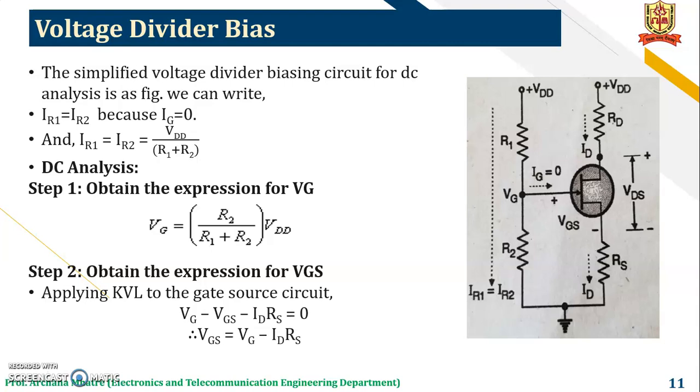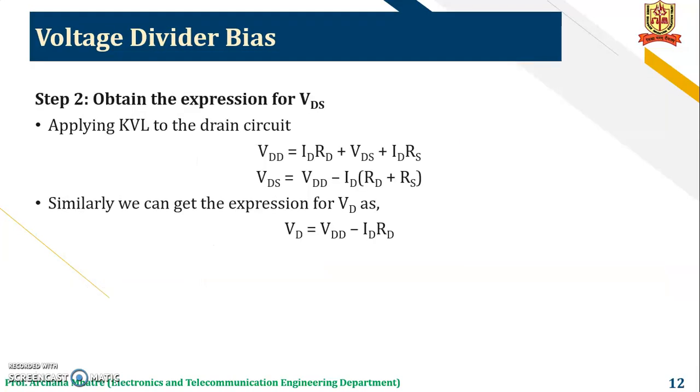VG is equal to R2 divided by R1 plus R2 into VDD. The second step to obtain the expression for VGS, applying KVL to the gate source circuit, VG minus VGS minus IDRS is equal to 0. Therefore, VGS is equal to VG minus IDRS.